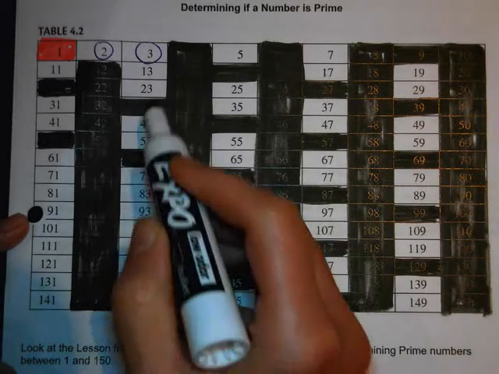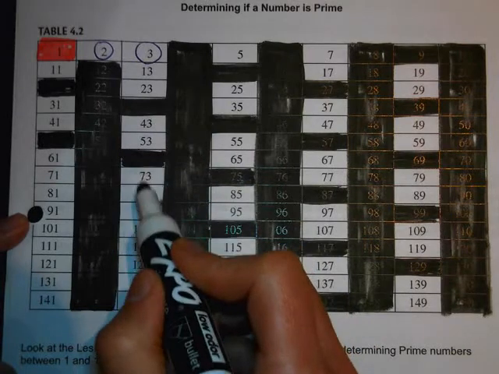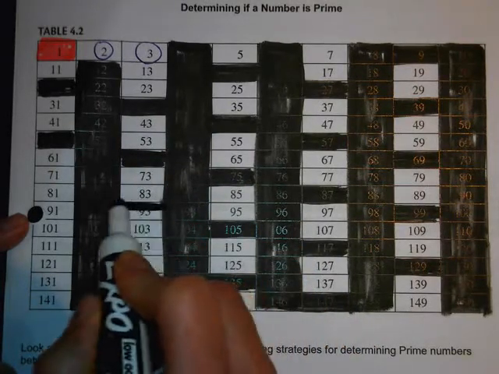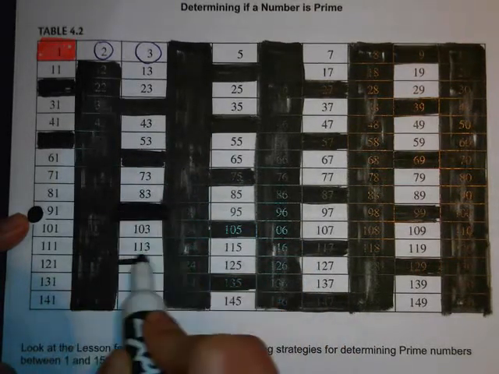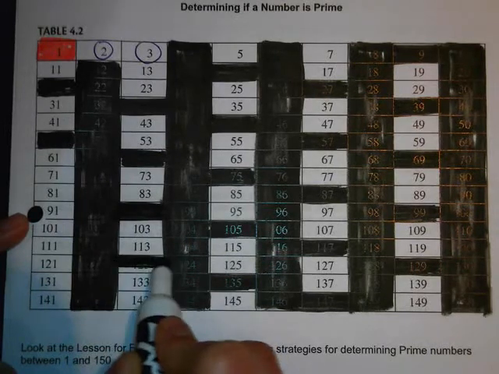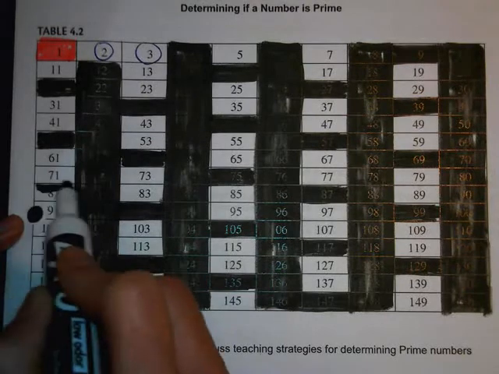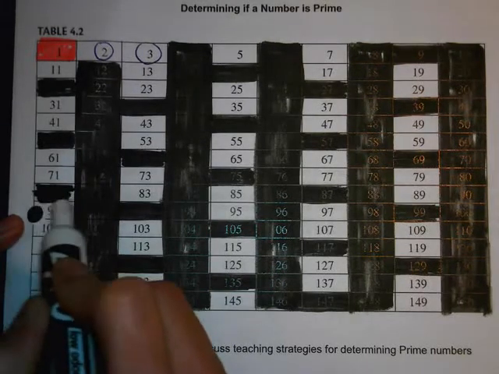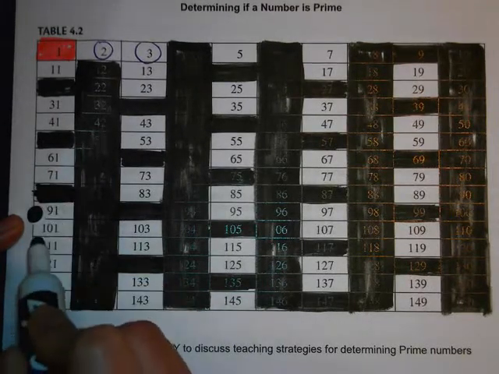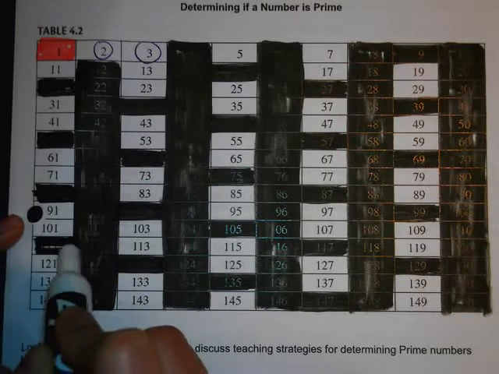Skip, skip, color. Skip, skip, color. Skip, skip, color. 111 is divisible by 3, right? Skip, skip, color. Okay.